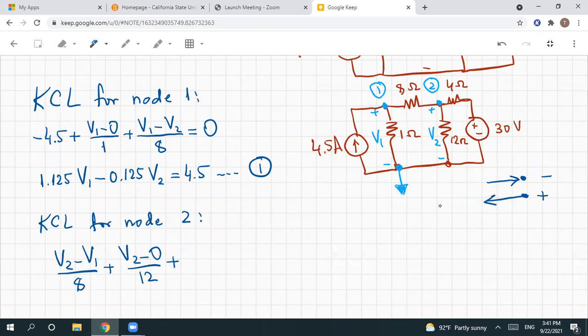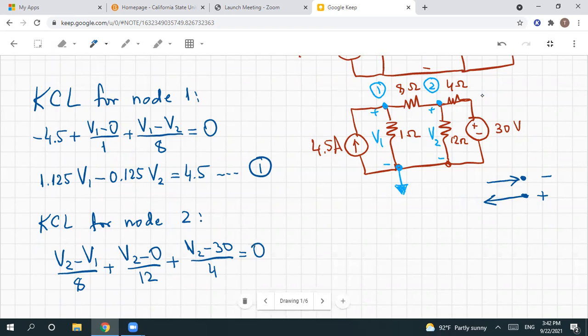And what will be the current which is leaving the node in this direction? V2 minus 30 over 4. Exactly. And this is equal to 0.